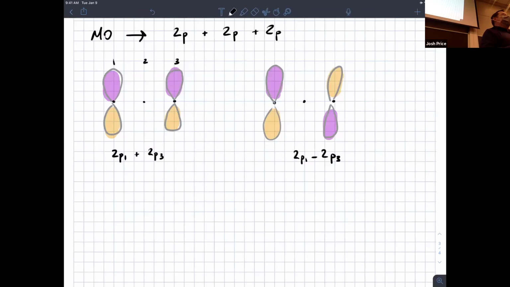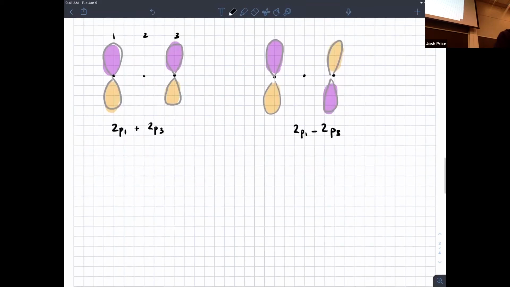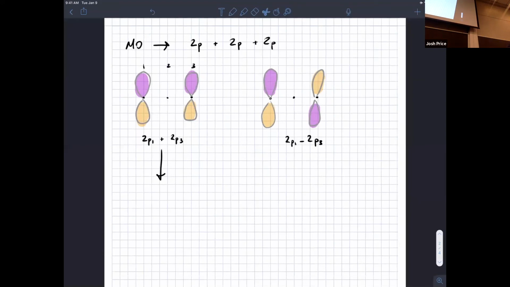Now we're going to add in the 3rd orbital, the one from carbon 2. So let's imagine that we now take this combination, the 2p1 plus 2p3, and we're going to add and then subtract the 2p from carbon 2.